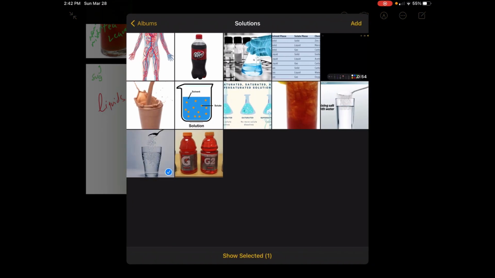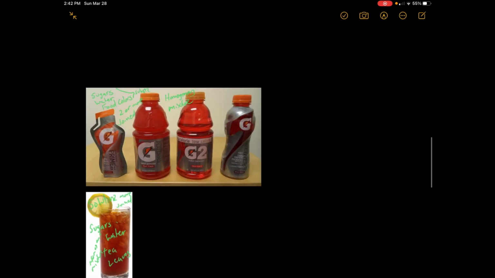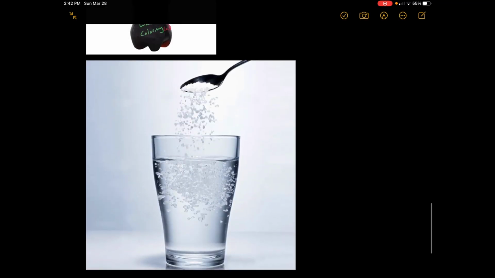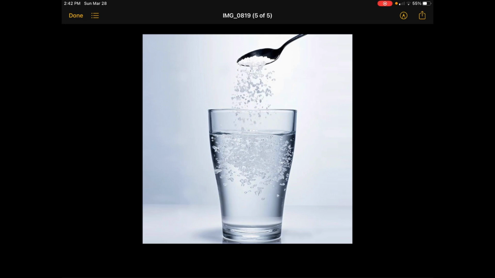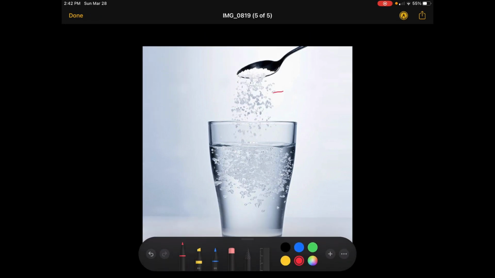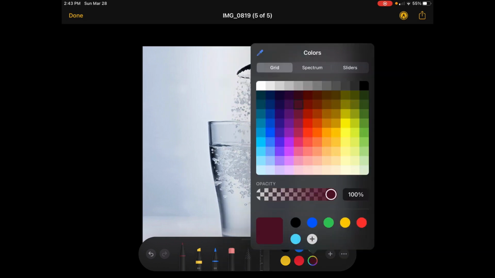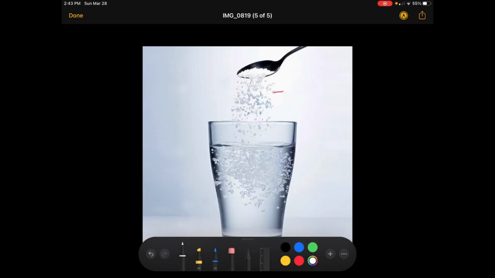Inside of this one you have Na and Cl, which is your salt being poured in, and then you have H2O, water.